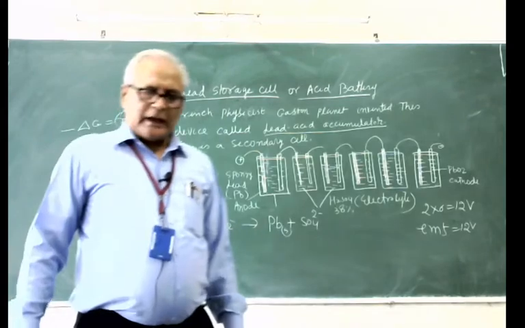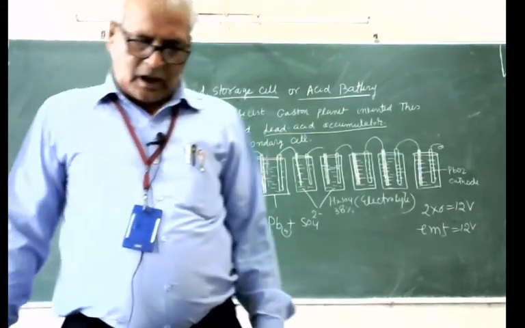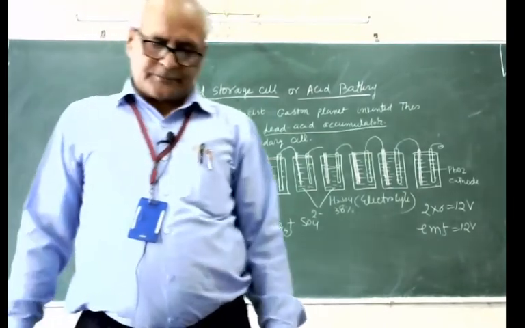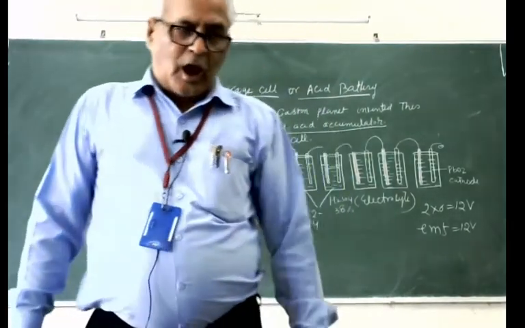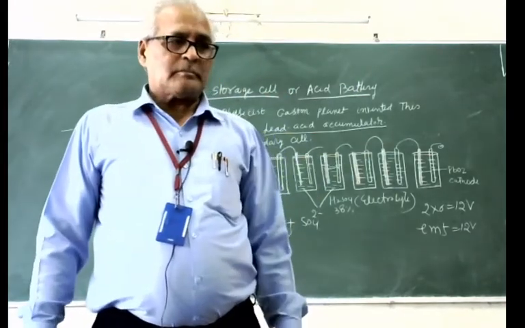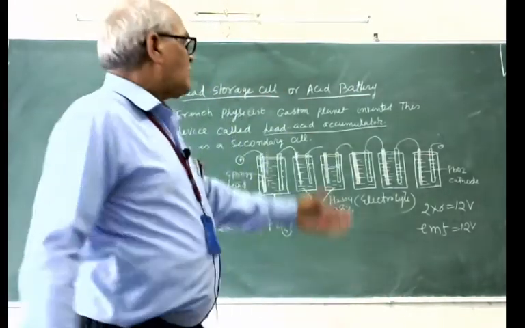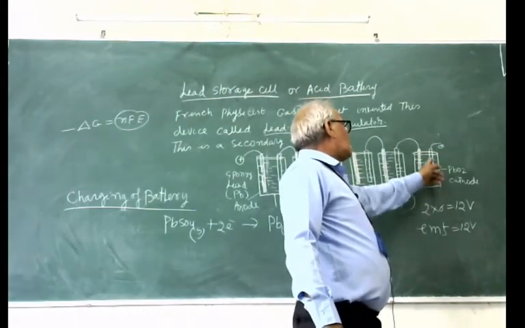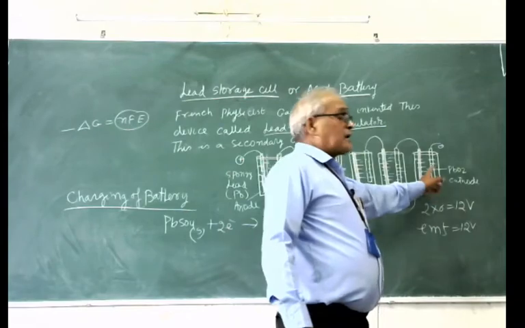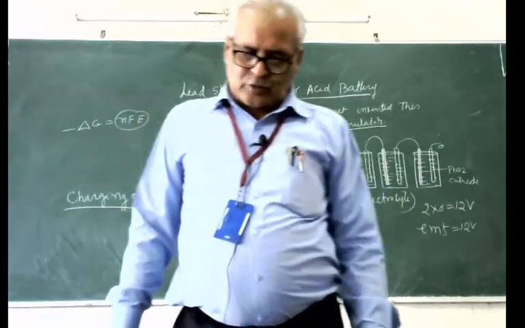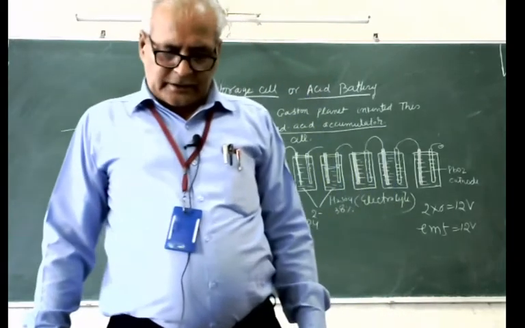Lead solid and sulfate ion. So the sulfate ion goes into the solution. Lead sulfate also deposits on the cathode, meaning the negative terminal. Just see, this is the negative terminal, this is the cathode. Lead sulfate also deposits here. So this lead sulfate will also change into lead oxide.